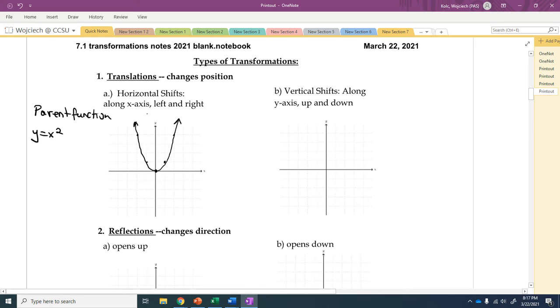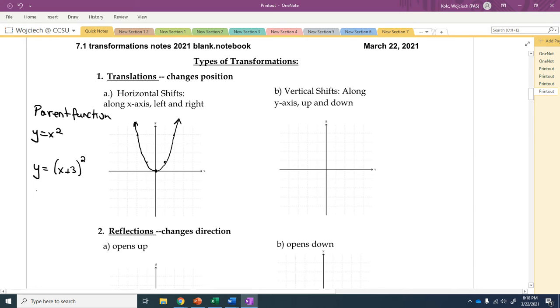Horizontal shift. Okay, so if I write y equals x plus 3 to the second power, many students think that you will move 3 to your right because it's plus 3. No, in fact, we are moving 3 to the left.